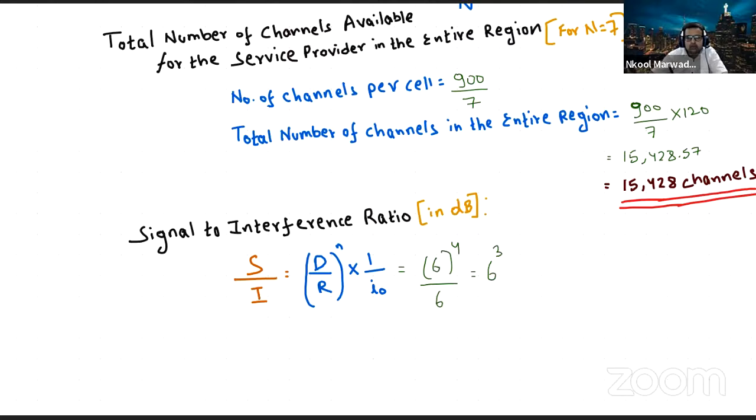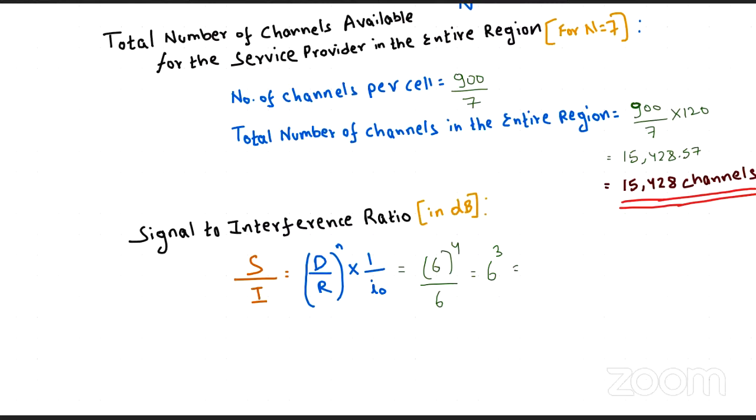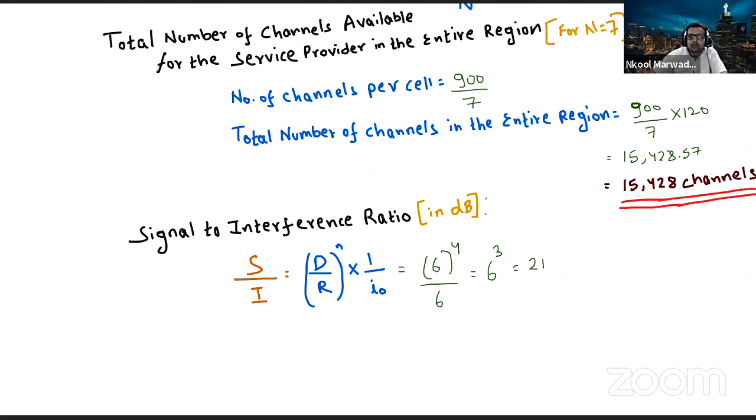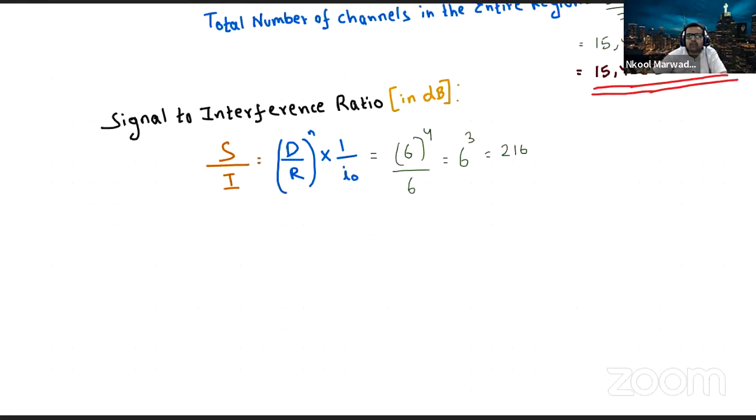What is 6 to the power of 3? 216. Now see, this 216 is not the final answer. Always remember, in this formula, whatever value you calculate is not in decibel. It is a pure ratio. This 216 is just a number without any unit.